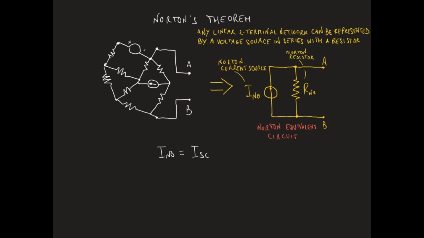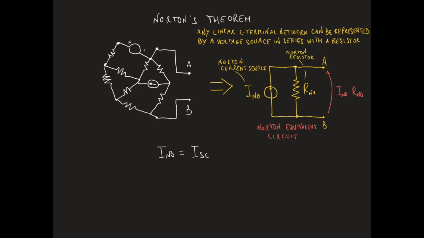Note that in the Norton equivalent circuit, the open circuit voltage between nodes A and B is given by I_NO times R_NO, and this is obtained by Ohm's law.